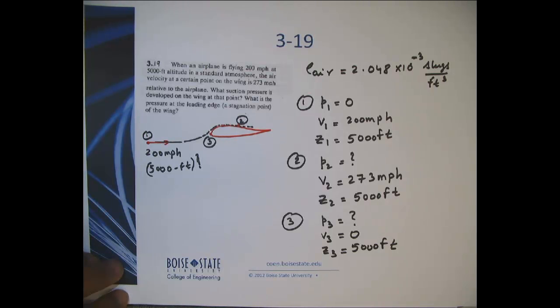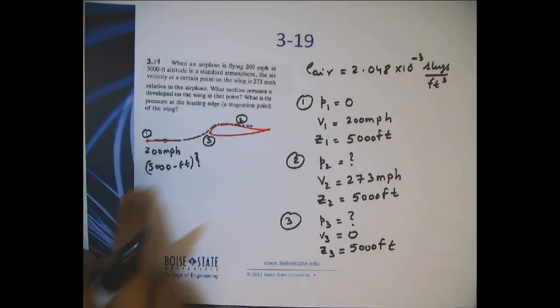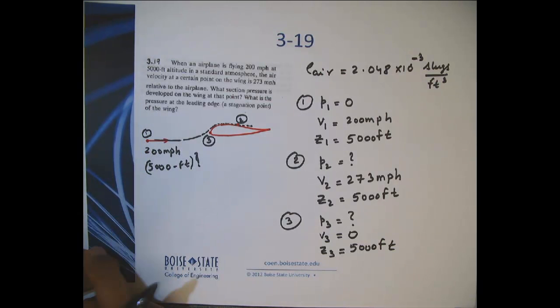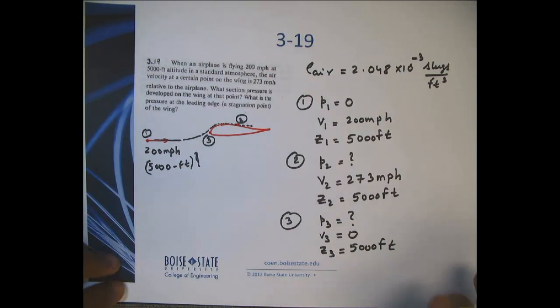Now you can do this several ways. You can try to apply the Bernoulli equation, since this is a great candidate: steady flow, incompressible, so you can apply it from 1 to 3, 3 to 2, or 1 to 2. Let's see how we're going to go with this.